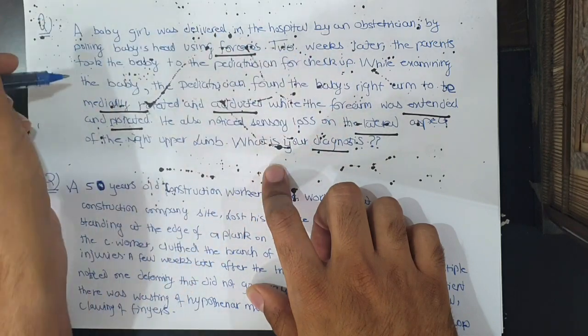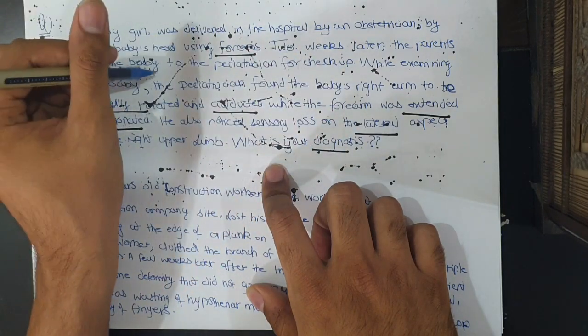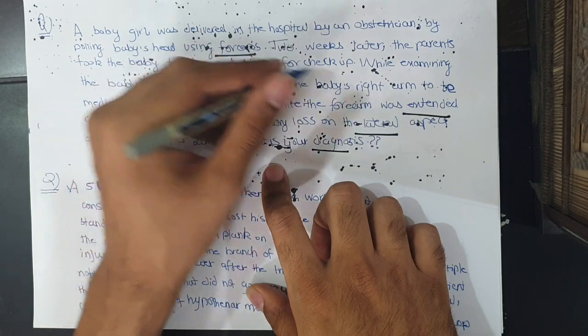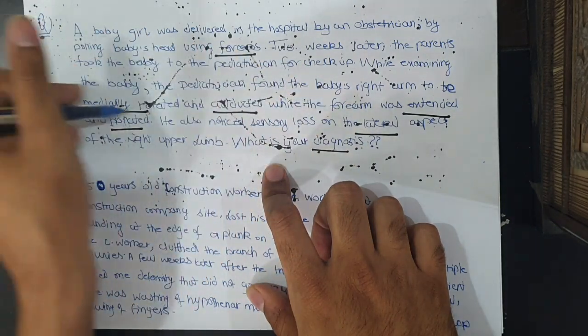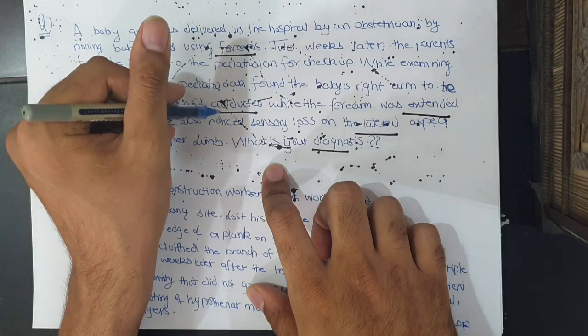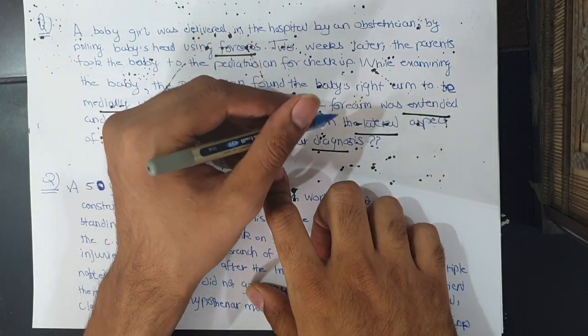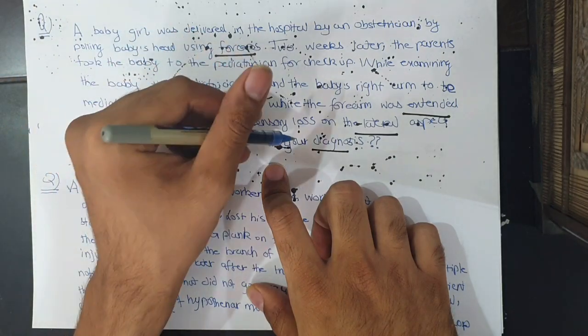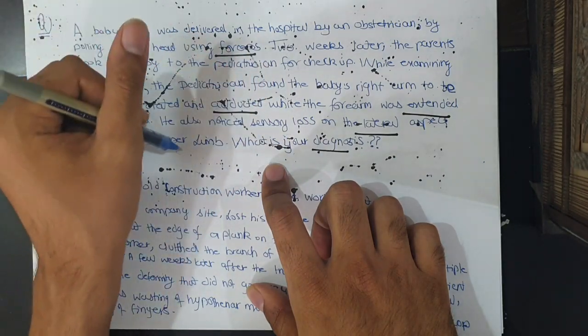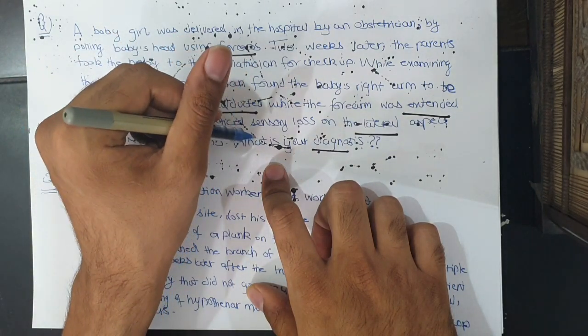Two weeks later, the parents took the baby to the pediatrician for a checkup. While examining the baby, the pediatrician found the baby's right arm to be medially rotated and adducted, while the forearm was extended and pronated. He also noticed sensory loss on the lateral aspect of the right upper limb. What is your diagnosis?